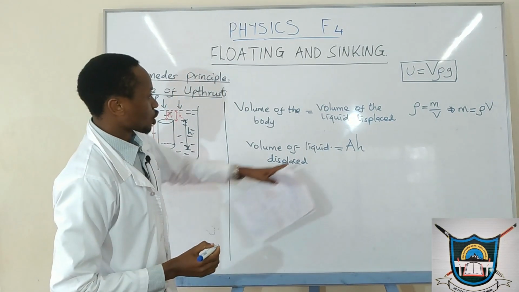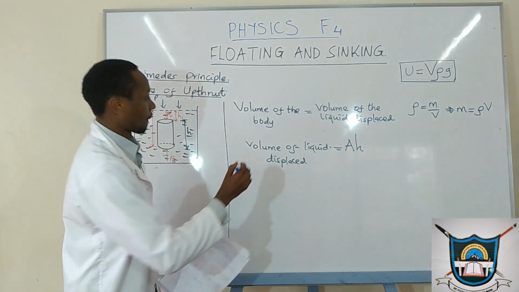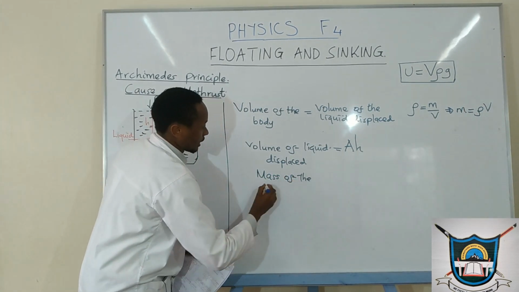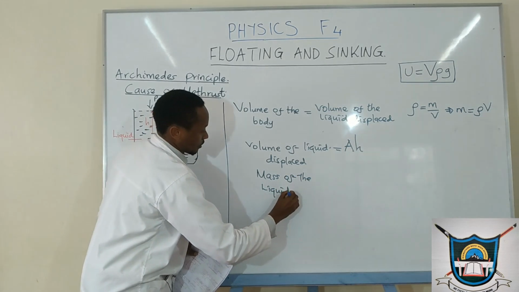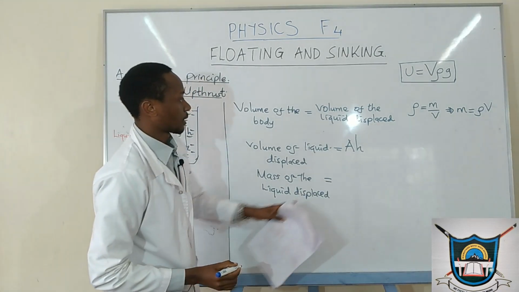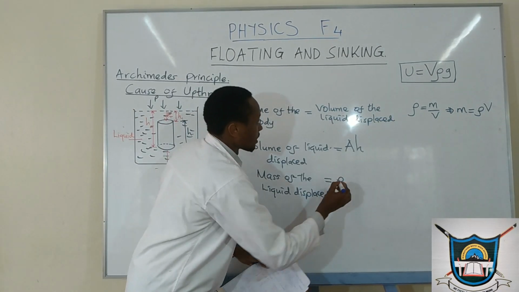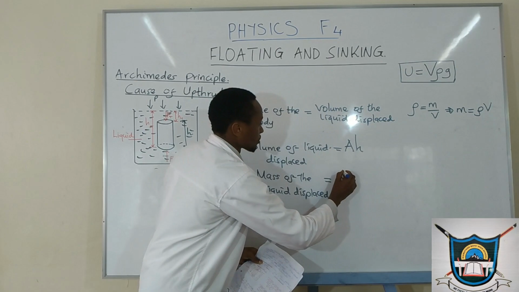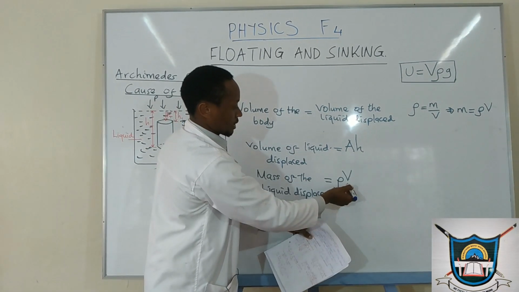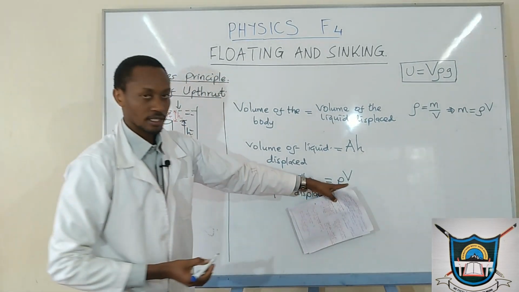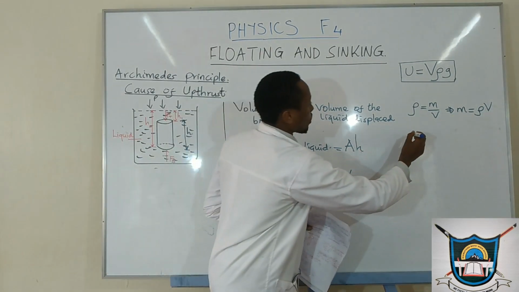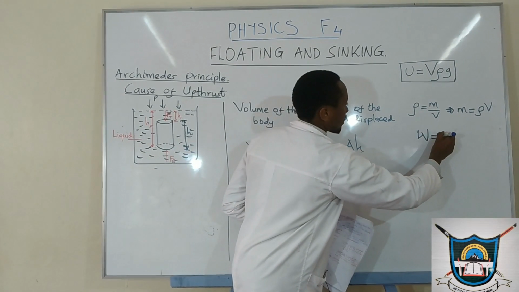So let's continue. What will be the mass of the liquid displaced? Mass of the liquid displaced will therefore be density, this is our density, times volume of that body. And this volume is the same as this, area times height is the same as volume. But also we know that in Form 1, weight is given by mass times what?